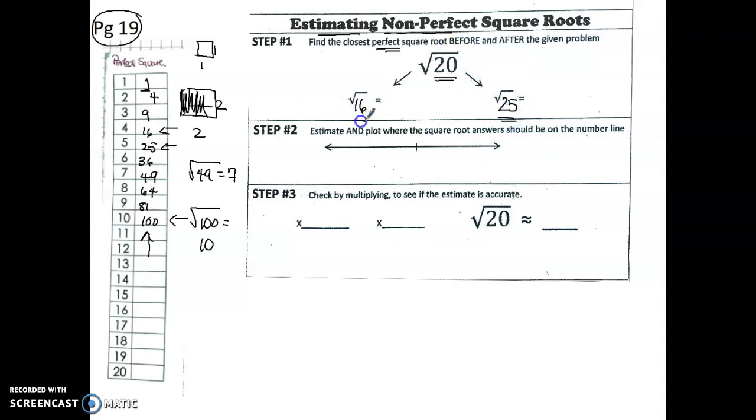Those are perfect squares. The square root of 16 is 4, and the square root of 25 is 5. So if I'm going to estimate the square root of 20, it has to lie between 4 and 5.